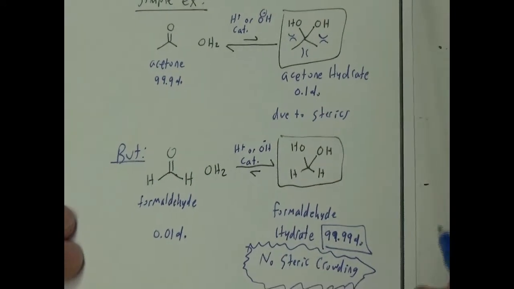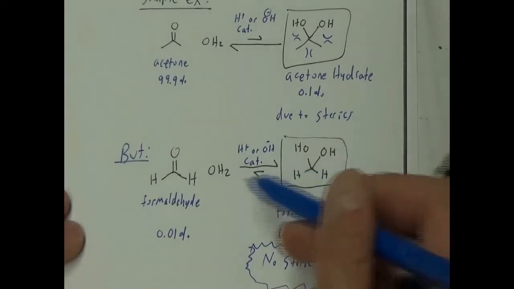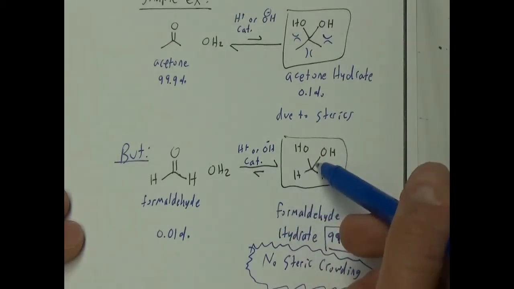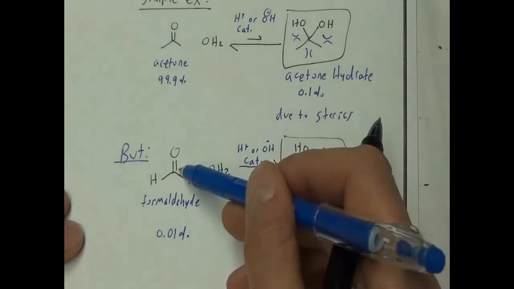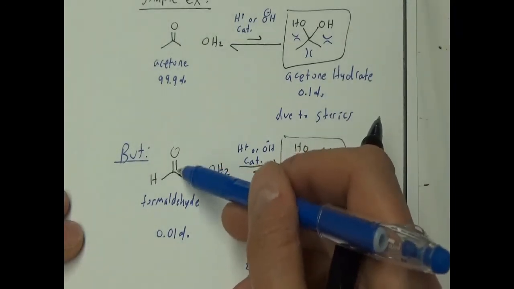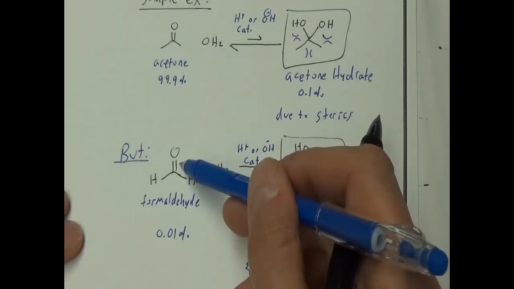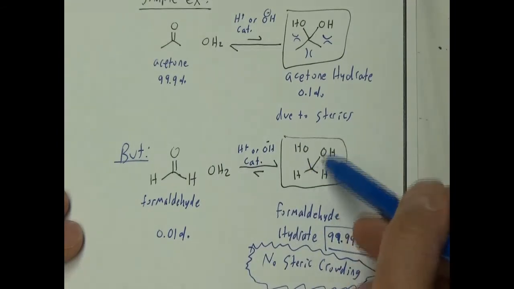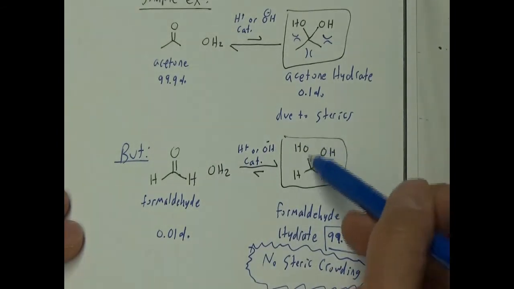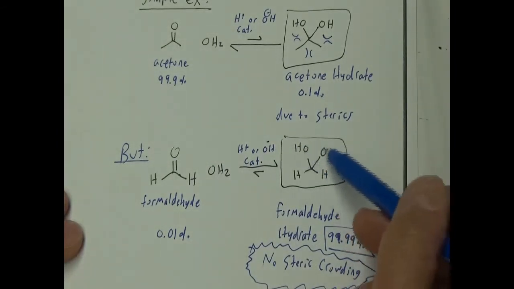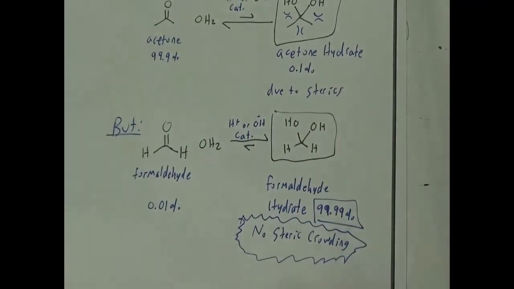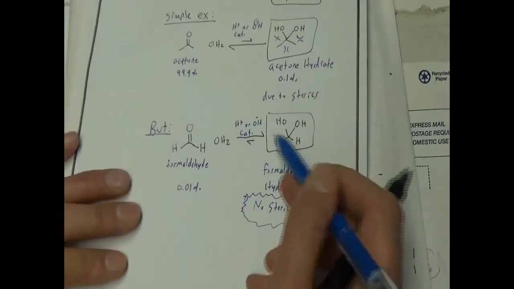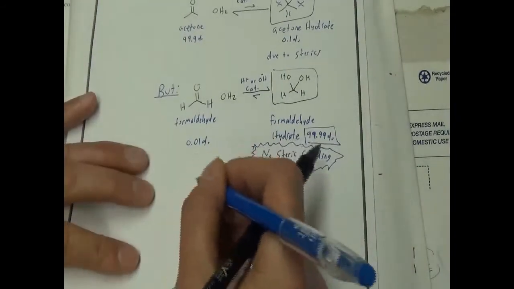Why do you think it's also happy? The reason this reaction kind of goes is we're trading a sigma bond and a pi bond, because there's a sigma bond and a pi bond here. Here we have two sigma bonds, and the sigma bonds are actually more happy because they're stronger bonds. So thermodynamically, if we're thinking about the stability of this, why does it happen?